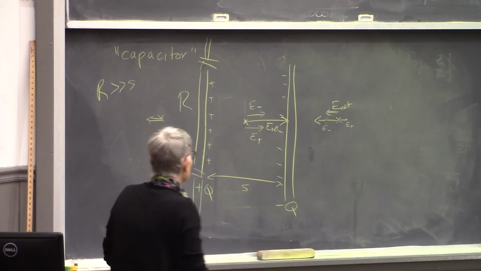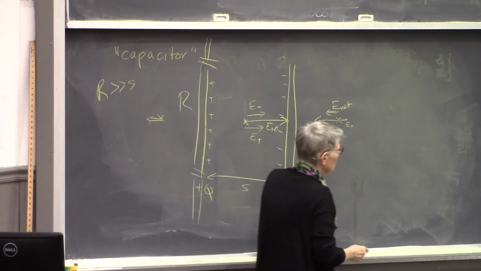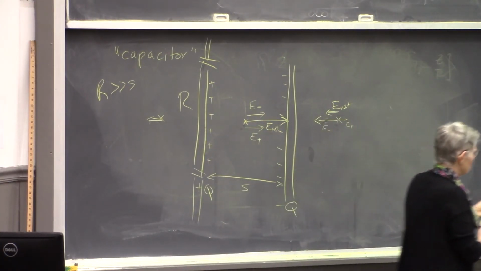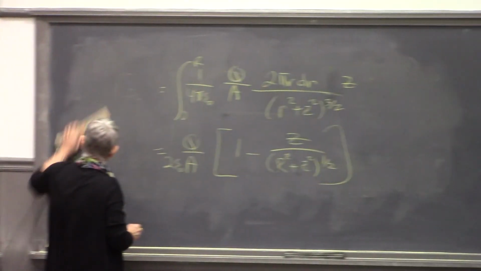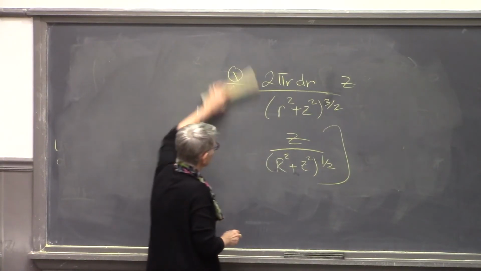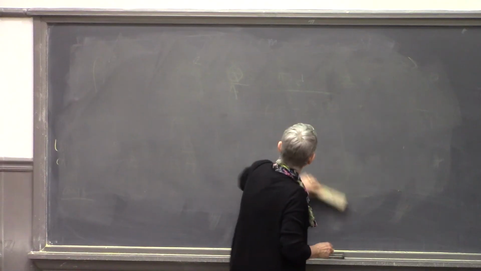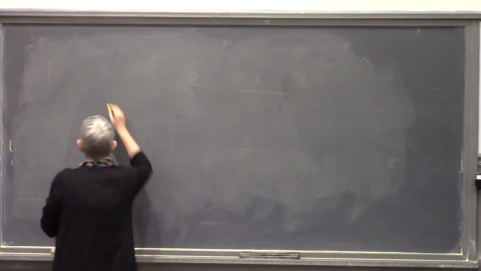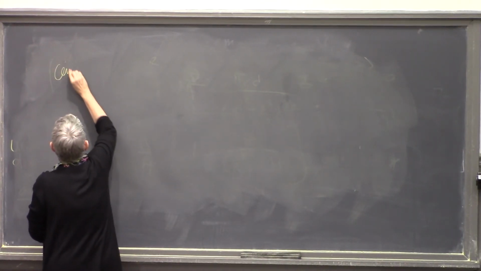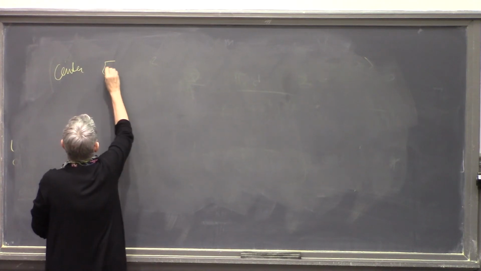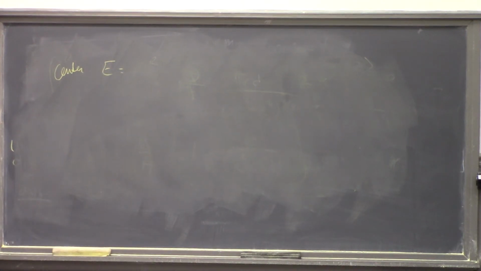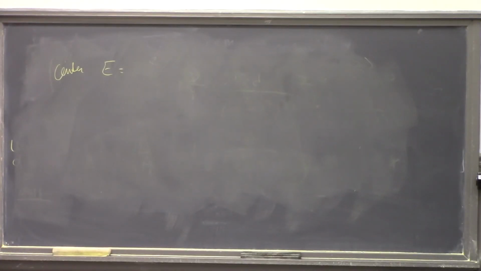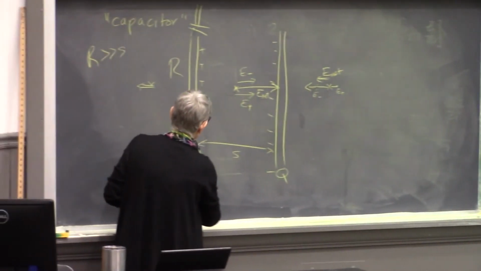Now we can do this algebraically. So at the center, oh, we need some geometry here, don't we? So let's put an origin here. Z equals 0 here.